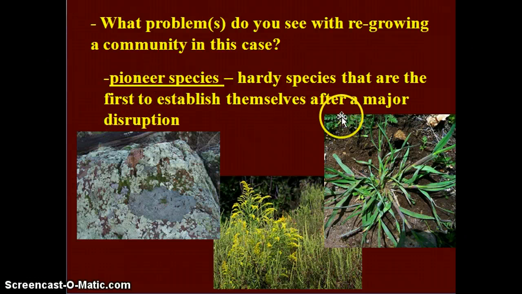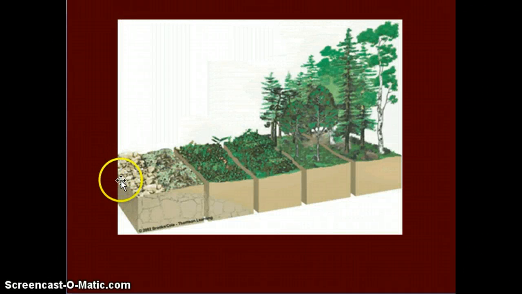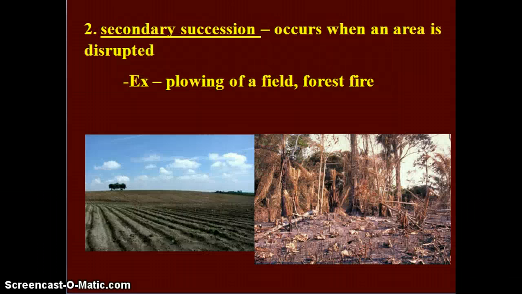Pioneer species, if you see the word pioneer species, they get into an area and they are the pioneers, they're the first to establish themselves after a major disruption. Weeds are an example of the pioneer species. Dandelions, you have goldenrod, you have different weeds that come into an area. This picture here just shows succession, a series of changes over time.